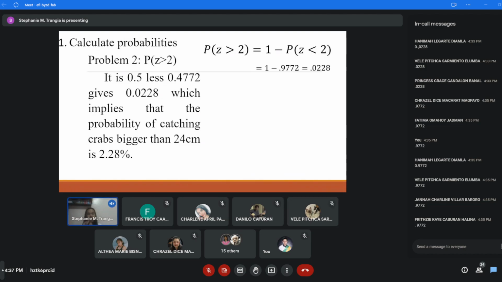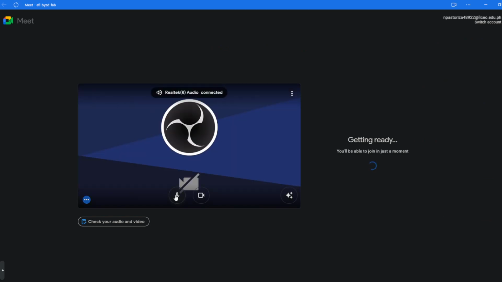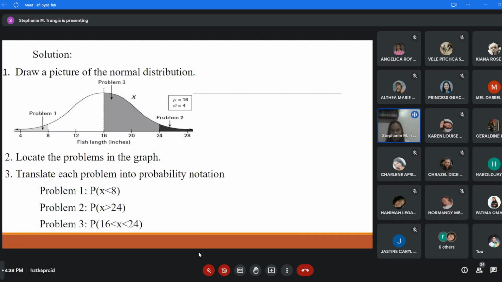The greater than is the difference between the whole area minus the lesser than area. So let me explain using this. For example, take the target of problem 2, class, which is 24 and above, the dark shaded part. What we actually did, class, is the whole area of this normal distribution is 1 or 100%, right? That is a property of probability. The whole area is 1 or 100%.